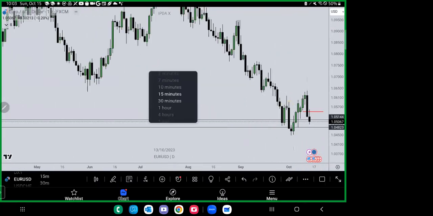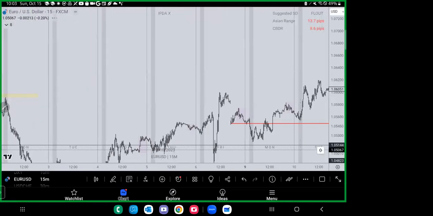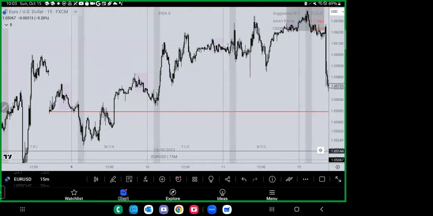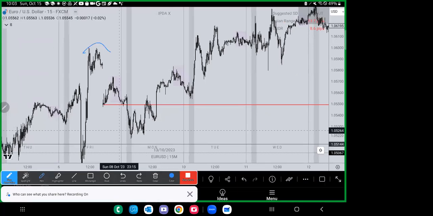As you can see, price is more prone in this market right now to take out highs, right? We've been more prone to take out highs, okay?